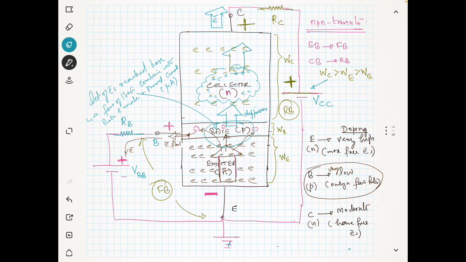So these are all the electron flow. A lot of electrons are flowing through the collector wire, and they will go to the positive of the battery. So you can see here a lot of electrons are coming.